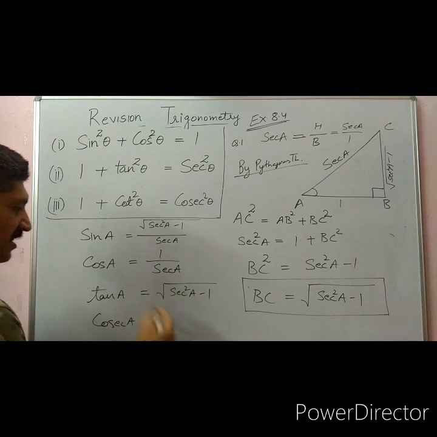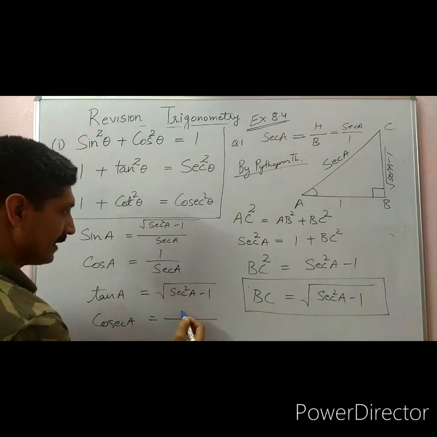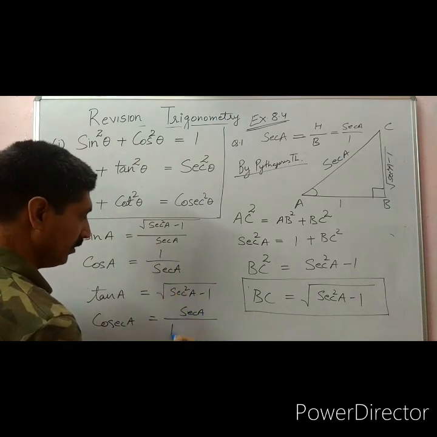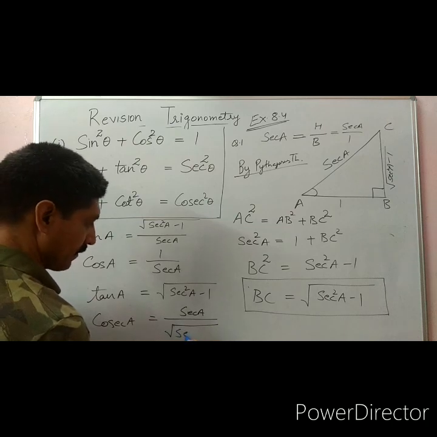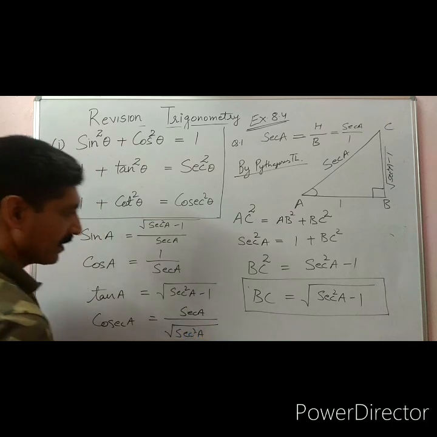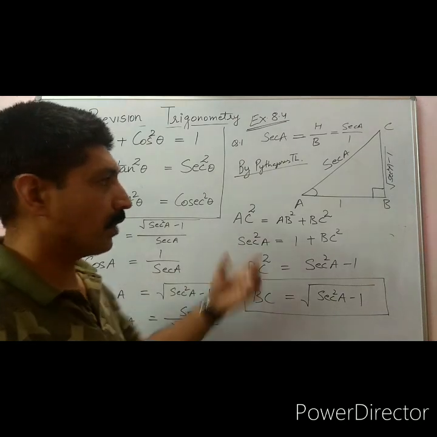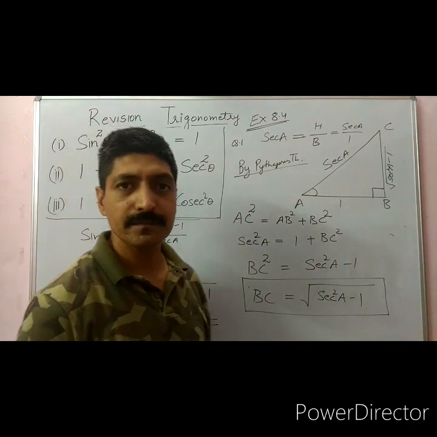Cosecant is the reciprocal of sine, that is secant of A upon the square root of secant square A minus 1. So I hope you understood the question here.